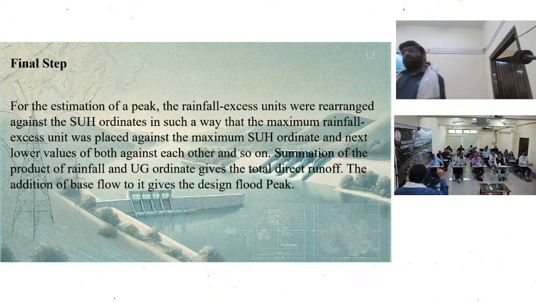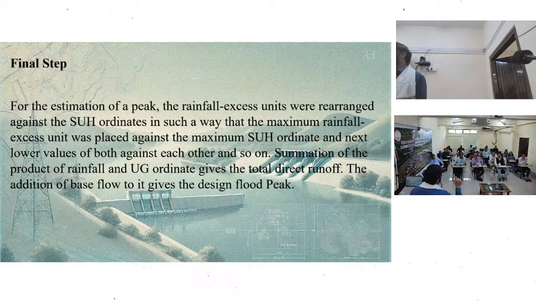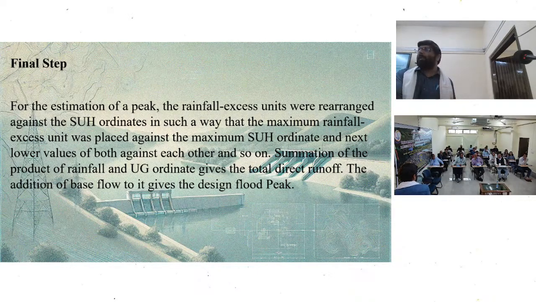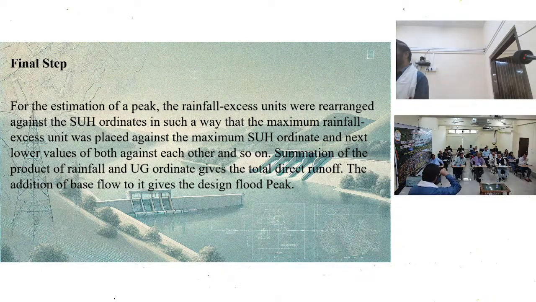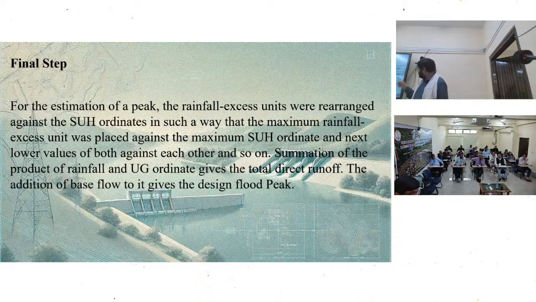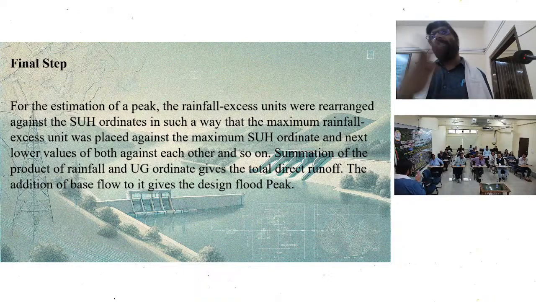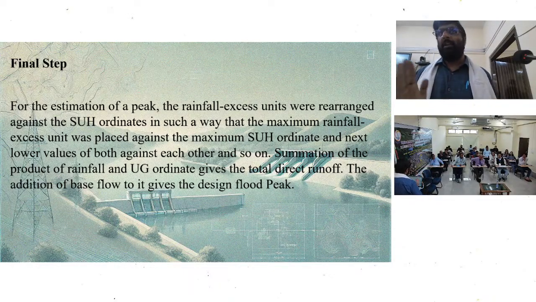The maximum rainfall value will be multiplied with the maximum ordinate value of your hydrograph and so on. The lowest value of the rainfall is multiplied with the lowest value of SUH, the highest value of rainfall with the highest value of SUH, and you have to go through it. This is directly from the CWC manual. These instructions have to be followed very clearly, because if you deviate, a lot of errors will come into the picture.